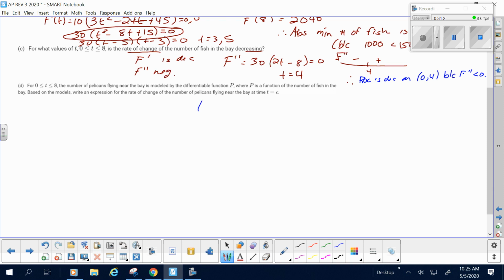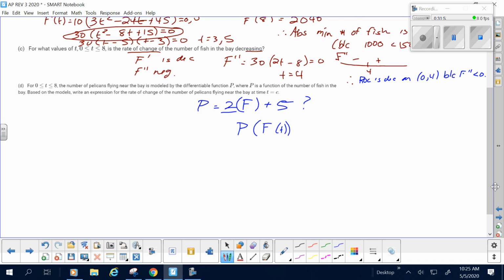So pelicans depends on the number of fish. It's got some kind of F in it, and who knows what else is going on. But pelicans is a function of the number of fish, which in turn depends on time, all right?